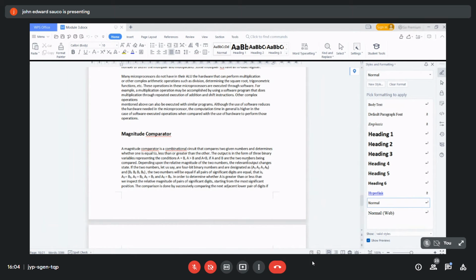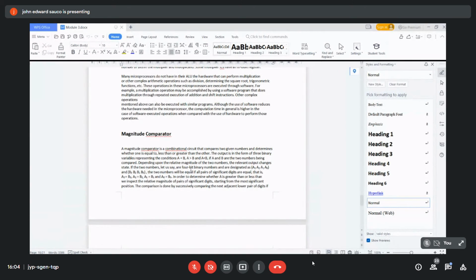Depending upon the relative magnitude of two numbers, the relevant output changes state. Let us say 4-bit binary numbers are designated as A3 to A0, tapos yung ikalawa is B3 to B0.